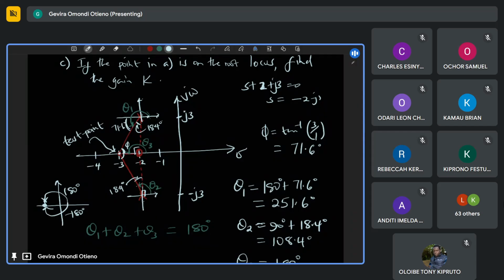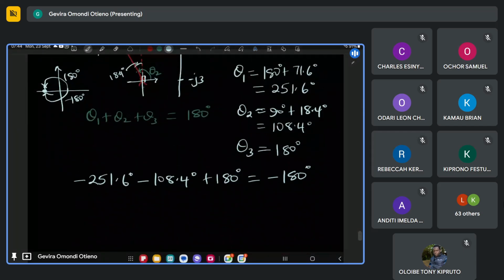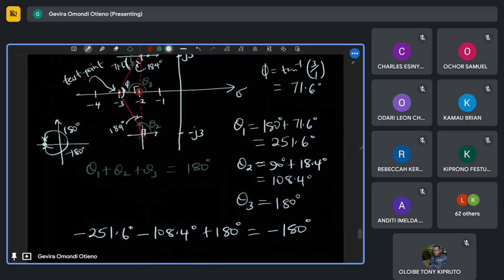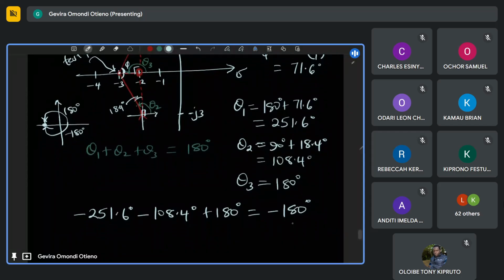The only difference is the direction you took was opposite, but it still leads you to the same point. So this proves that our test point is 180 degrees from the real axis, whichever direction you take. And so this point lies on the root locus because it meets the angle condition.